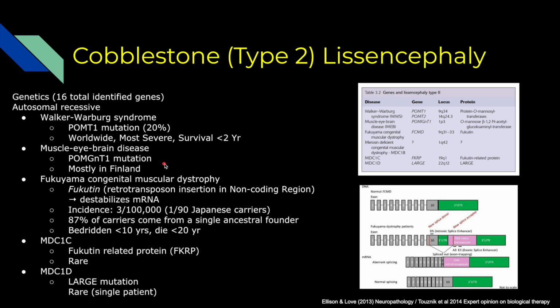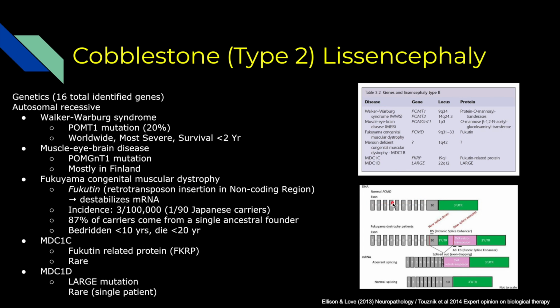So Fukuyama congenital muscular dystrophy is probably the most common and the most interesting of these because of its biology. This is due to mutations in this protein called fukutin. And interestingly, the common mutation is shown here.